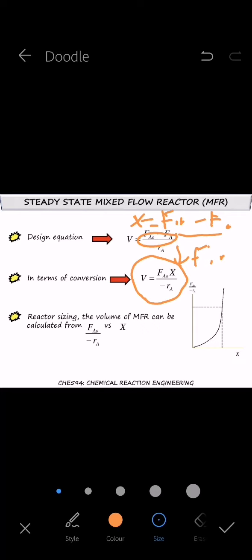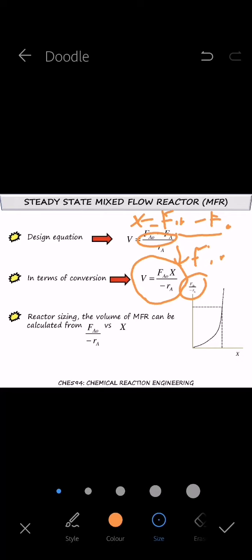So kalau design equation dia you dapat macam ni, volume ni refers to the volume of the CSTR mixture. So you dapat V equals FA0 X over negative RA. So kalau kita ada data value of negative RA and also FA0 X, kalau kita plotkan data FA0 over negative RA against X, bila you plot dapat graph macam ni.